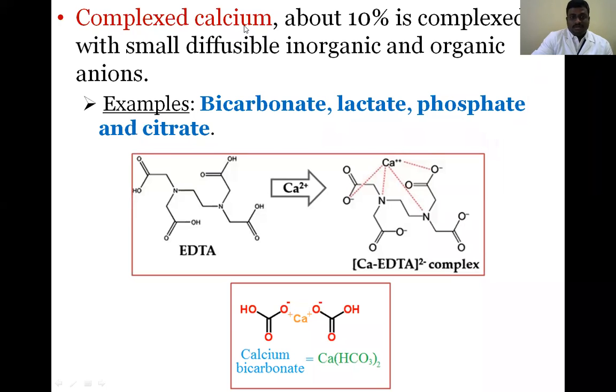So here calcium is complexed with these anions. Here is an example: EDTA, ethylenediamine tetraacetate, has more negative charge, O groups, so calcium immediately binds to the negative ionic charge. This is another example, calcium bicarbonate: two bicarbonates combined together by calcium ions. This is complexed calcium.